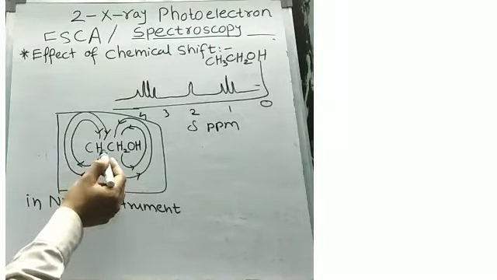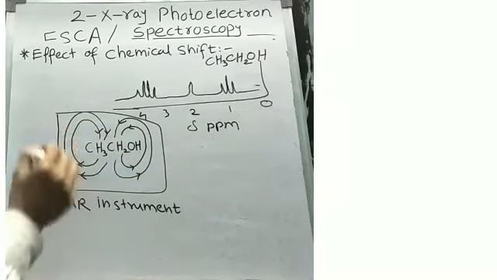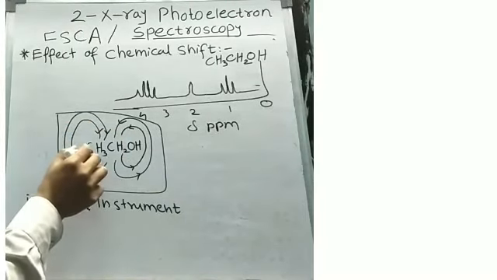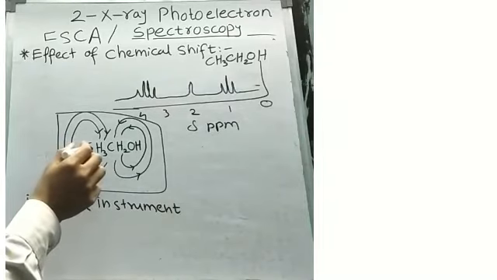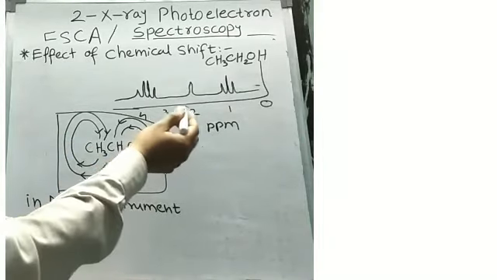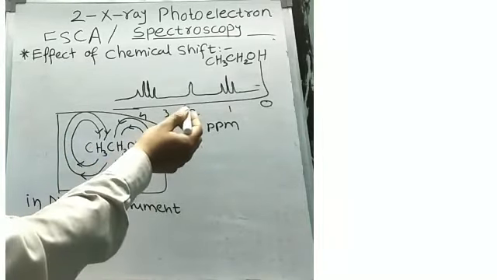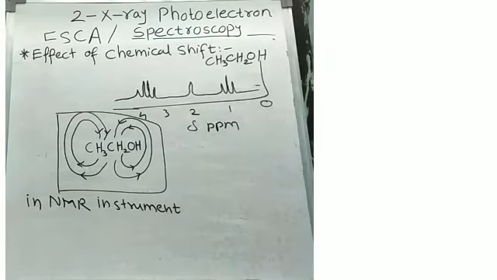So the resonant frequency of the nucleus relative to the magnetic field produces the signal, that is the peak, and is called the chemical shift. This chemical shift is denoted by delta in parts per million, or also represented by the tau scale. This is the delta scale and another is the tau scale.